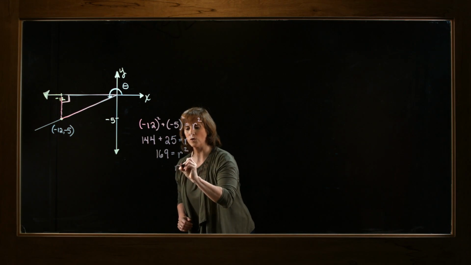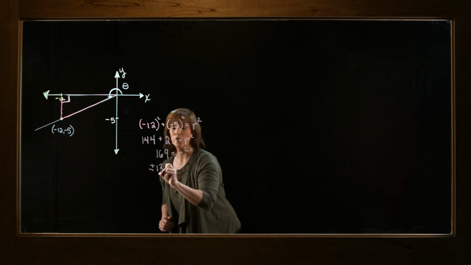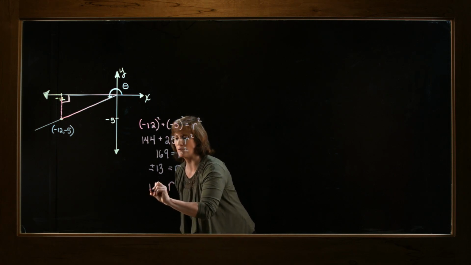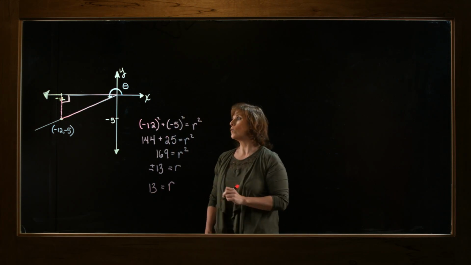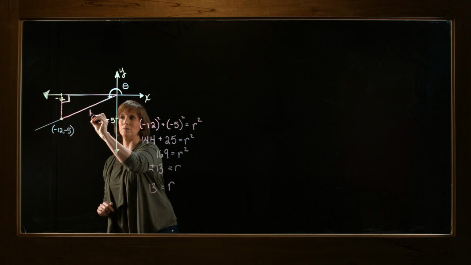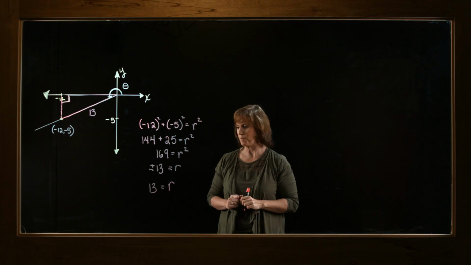That leaves me with r being equal to plus or minus 13. And in this application, we're only going to be using the positive version. So r, which is the length of this line segment, is going to be the square root of 169, or 13.